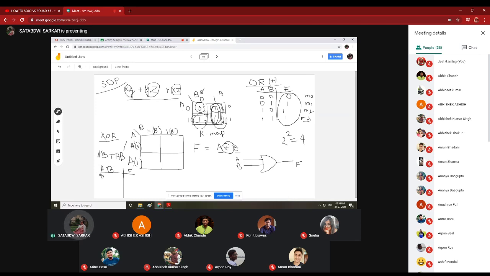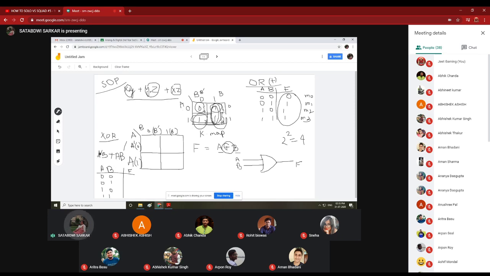So the combination of two variables must be 4 combinations here. So 0 0, 0 1, 1 0 and this is 1 1. Now for doing this operation, that is A bar B, first we take 0 0. The value of A is 0, the value of B is 0.